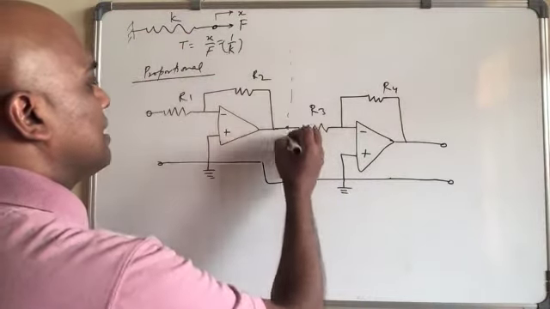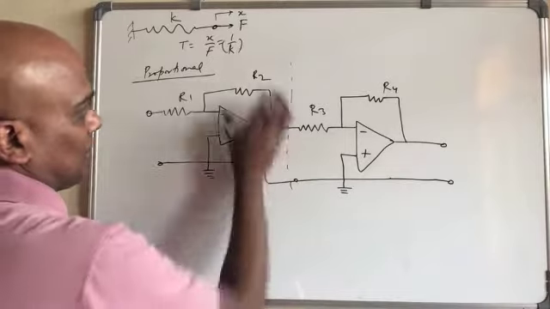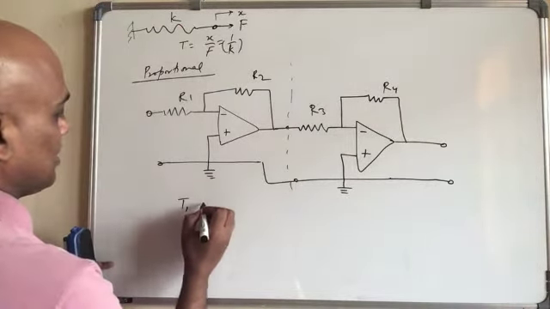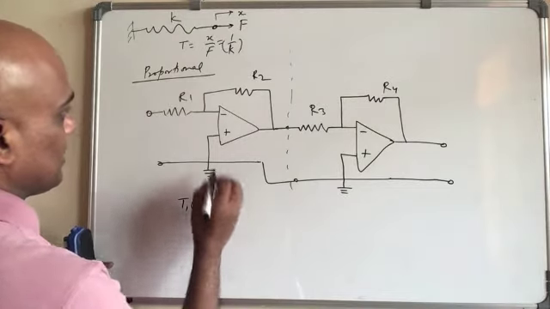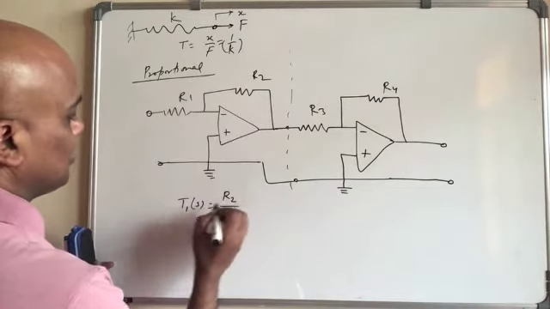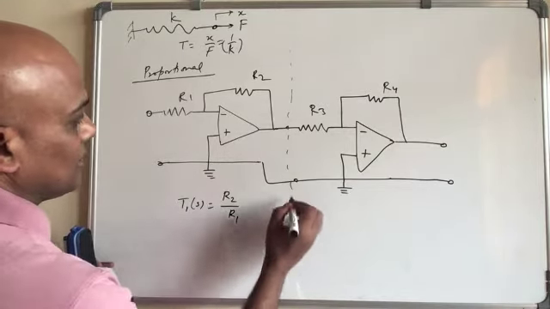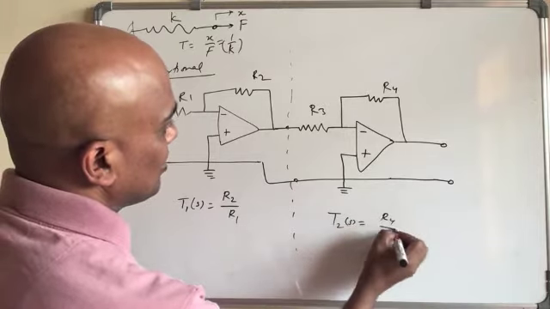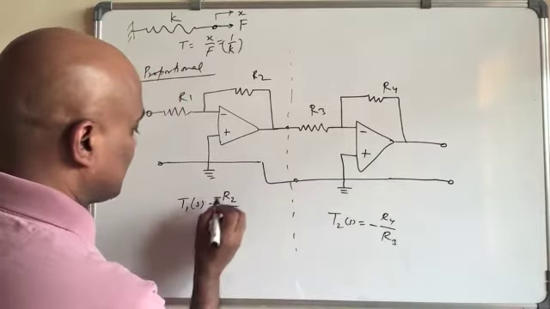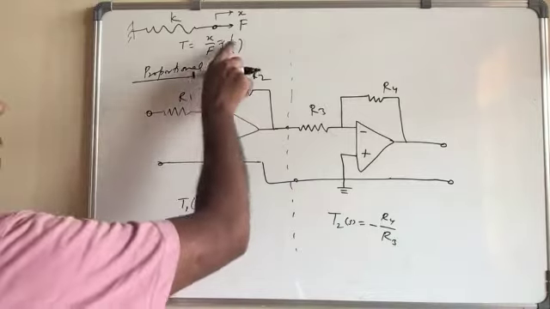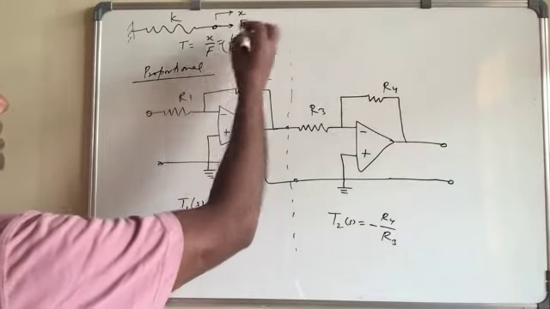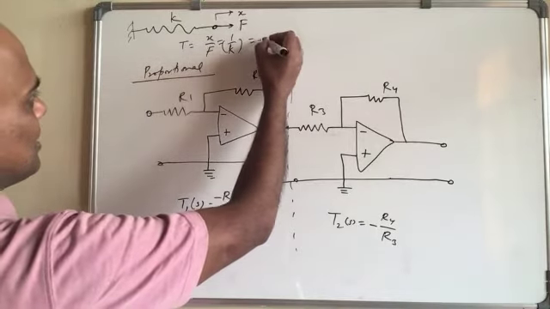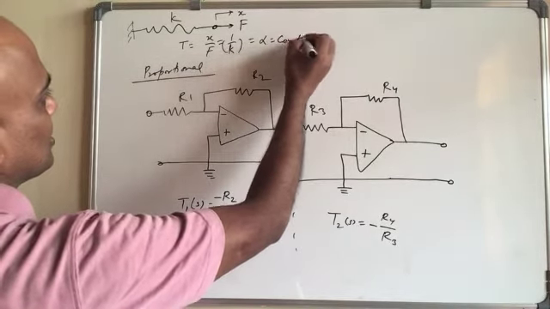So from here you have one circuit and then the second one. For the first, T1s is equal to minus R2 over R1, and for the second, T2s will be minus R4 over R3. Remember it's a minus. Here K is positive, so you want this kind of thing. Here also you have transfer function Ts equal to a constant, say alpha.